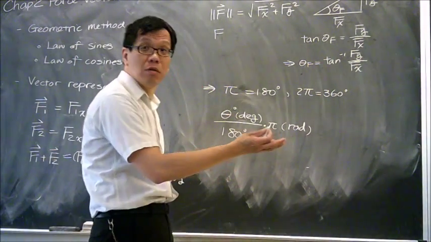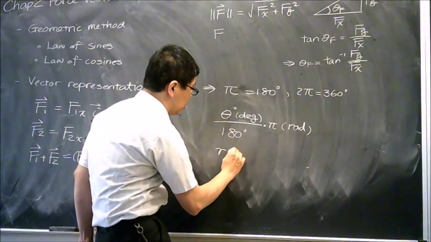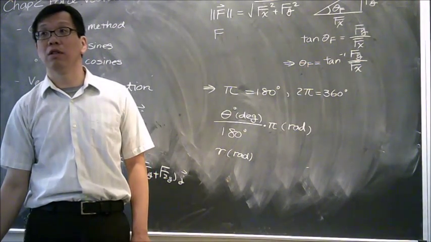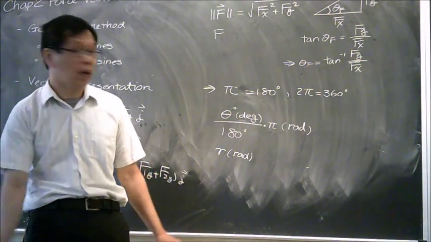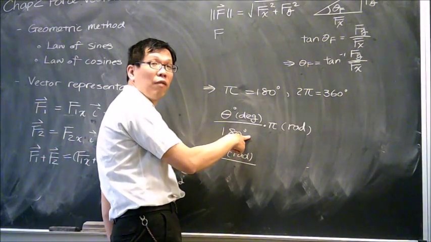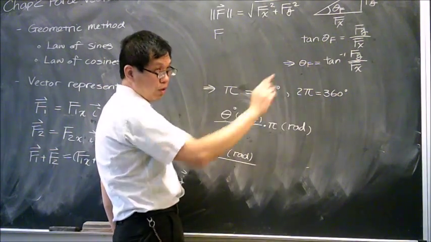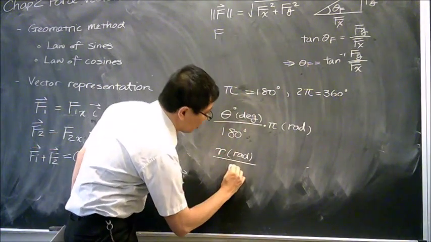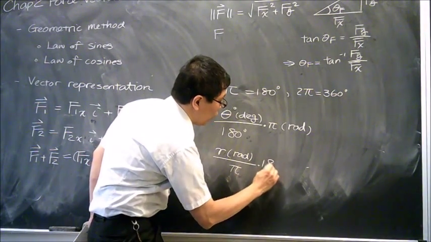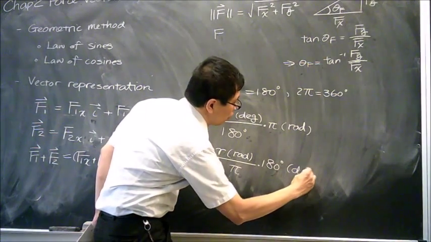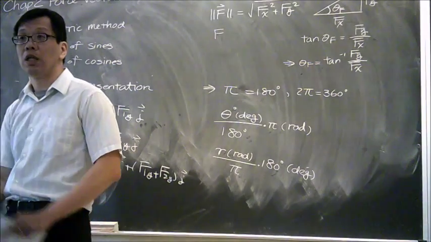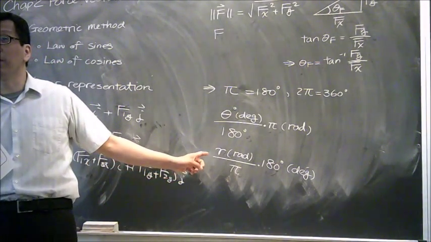If I'm giving you something in radians, and I want to convert that into degrees, then what do I do? Just like this part is divided by the total degrees of a half circle, this one needs to be divided by pi, multiplied by 180 over here. Then the unit becomes degrees. Is that clear? Everybody understand what I'm talking about?